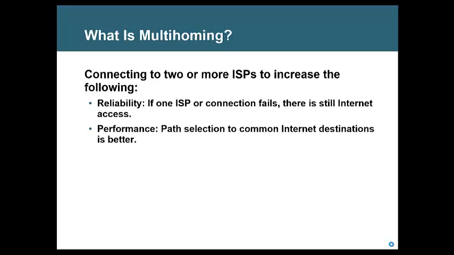Or if for a particular destination one of the ISPs has more cost, just for understanding, you can take the other one which is cheaper. In that way, the performance can be improved. So multi-homing is connecting to more than one ISP. That is the place where BGP well fits.